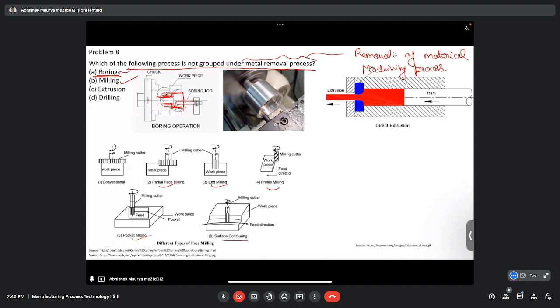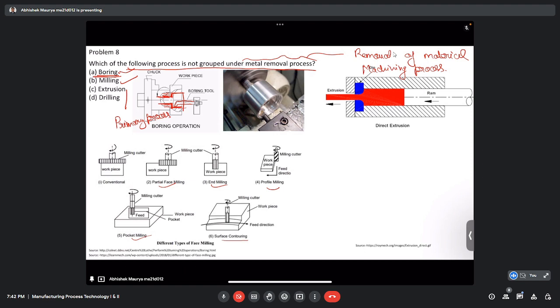Extrusion is a little different. Extrusion is the primary process where we deform the material.